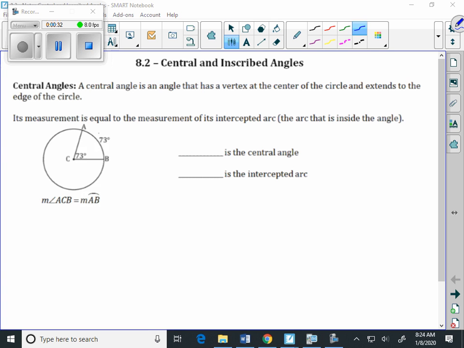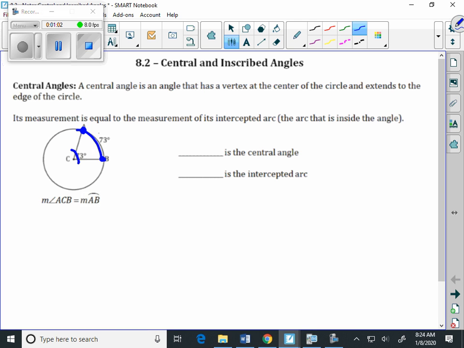Although I cannot possibly highlight this, the intercepted arc is the arc from A to B right there. The measure of the intercepted arc is the same as the measure of the central angle. You notice angle C has a value of 73 and arc AB has a measure of 73.